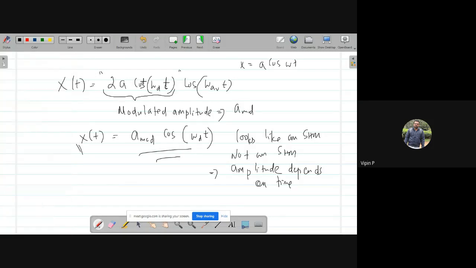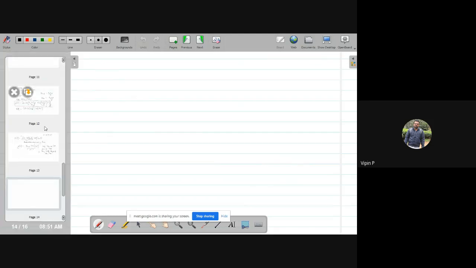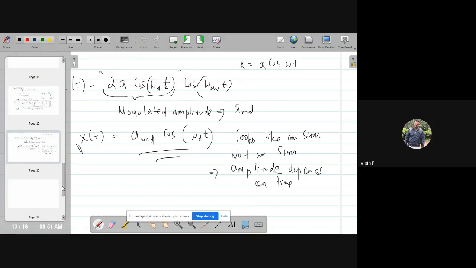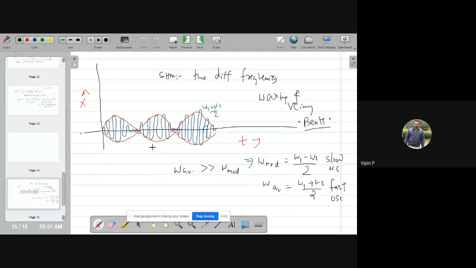We see that the amplitude itself is modulated by the frequency difference between them. This is the expression that we have, and if I plot the displacements, this is how it will look.